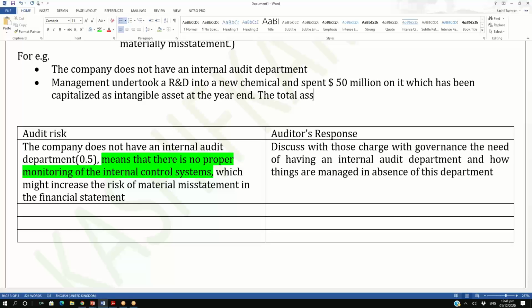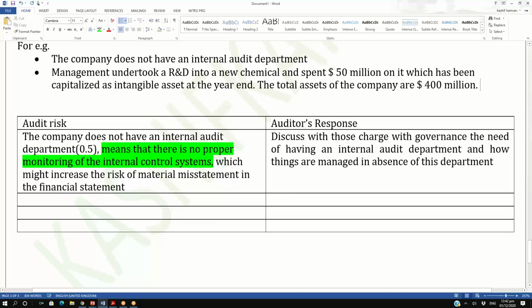The total assets of the company are $400 million. Now, in this case, the management undertook a research and development, whereby they've spent $50 million. Now, that means the $50 million also includes the research cost, and the management has capitalized the entire $50 million as an intangible asset. So that means the management has also capitalized the research cost.